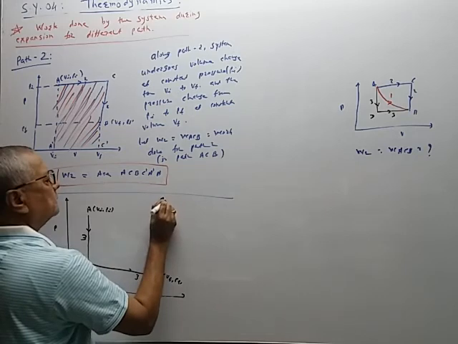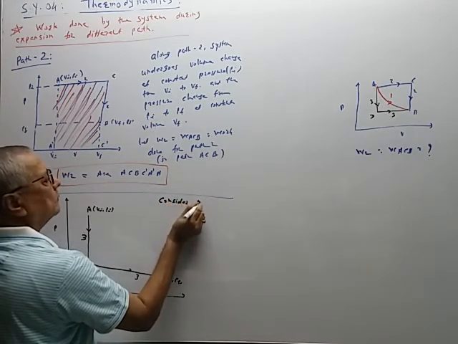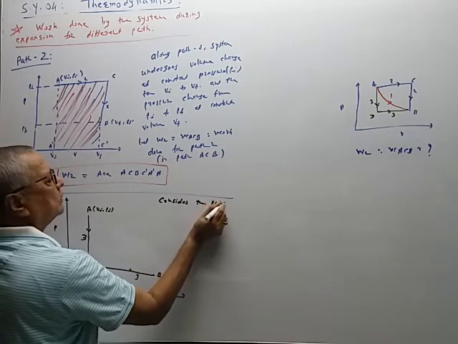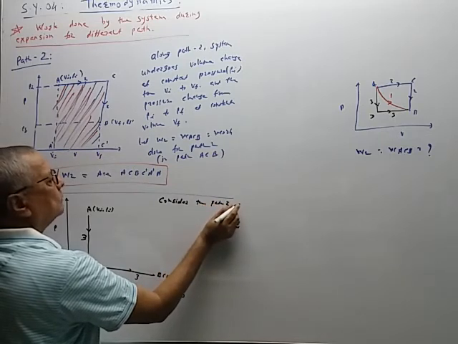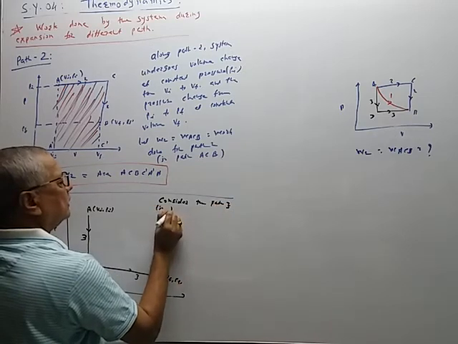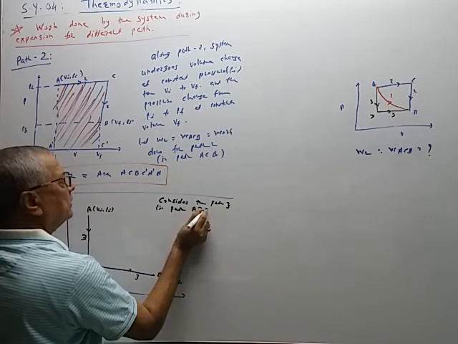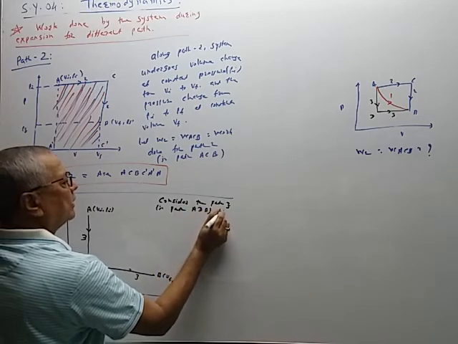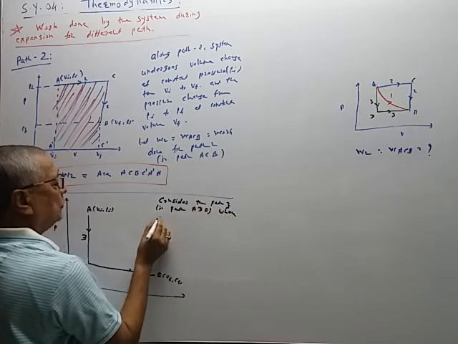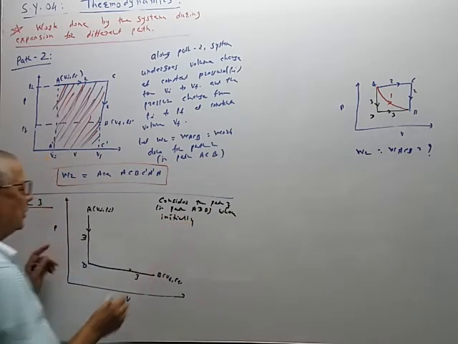So consider the path 3, that is the path ADB, where initially, how is it changing?